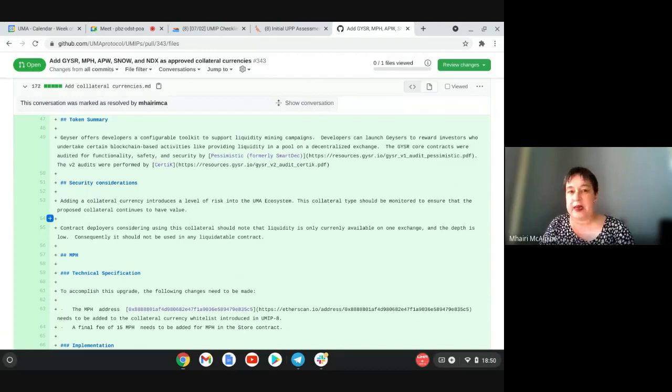But I've added them back in, saying that it shouldn't be used in a liquidatable contract. As far as I know, all they want to use it for is KPI options.